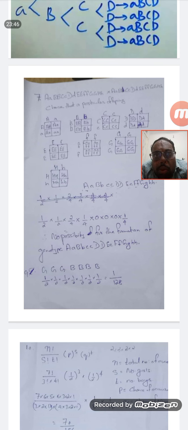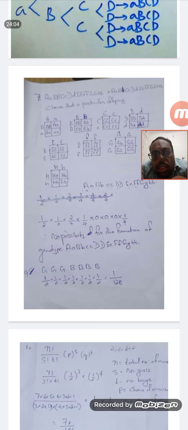Heterozygous E is not possible, because from the parental side both are homozygous, capital E capital E. So when we multiply, since we are doing multiplication, we will get 0 there. Any number multiplied with 0 is 0.